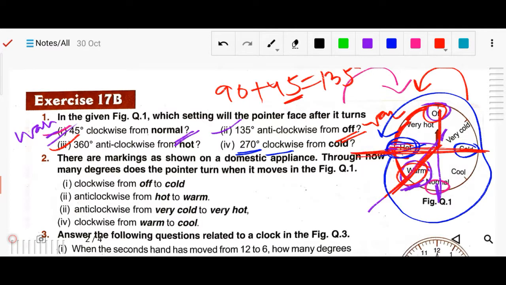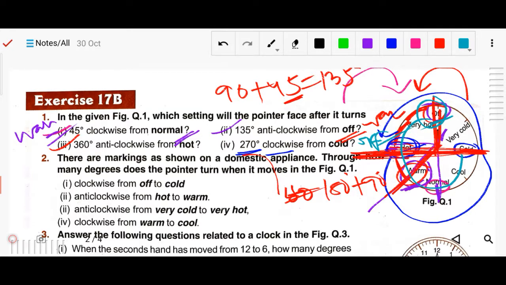Then again 90, because 270 is nothing but 180 plus 90, so one more 90 means this side. So where do you reach? Off. Its answer will be off.